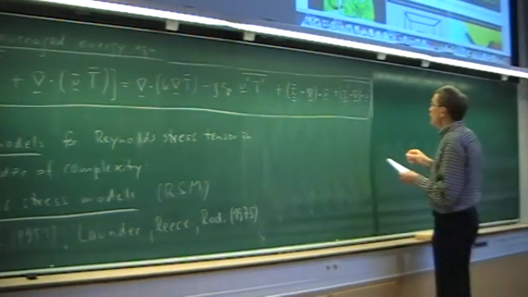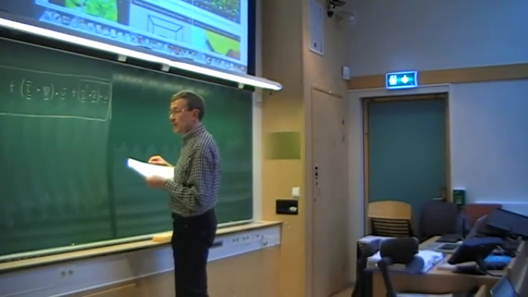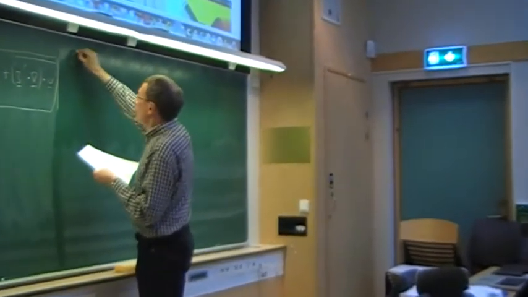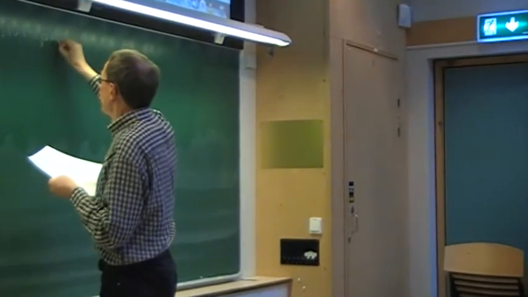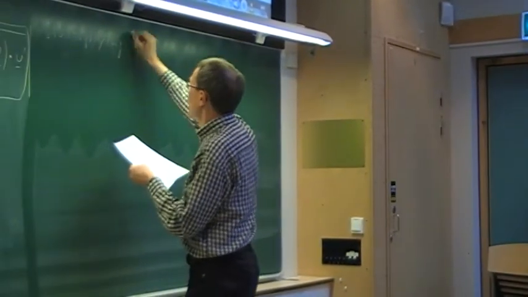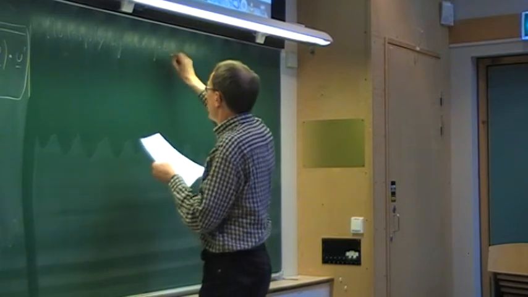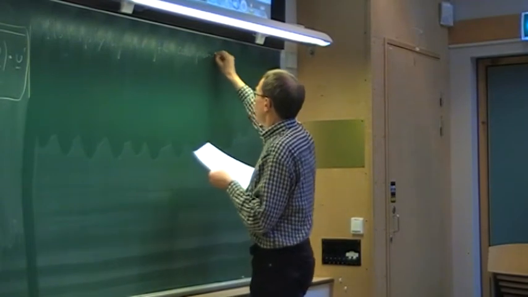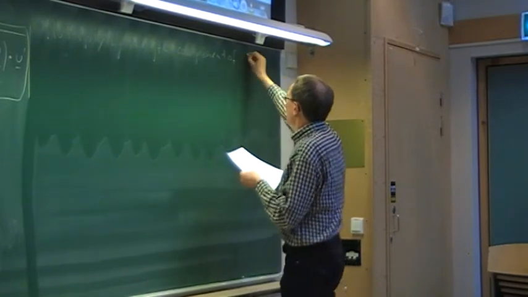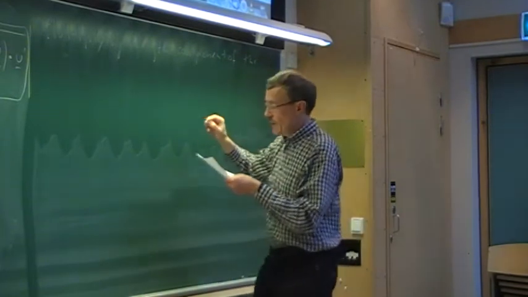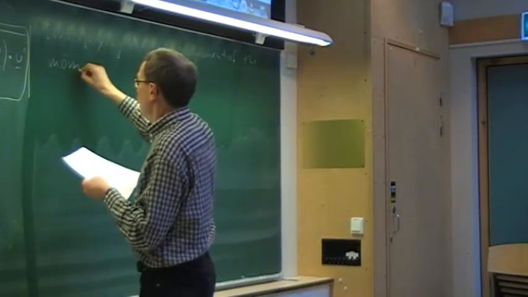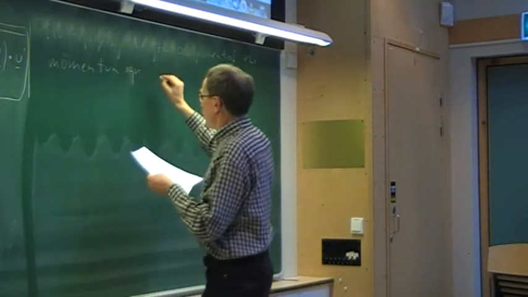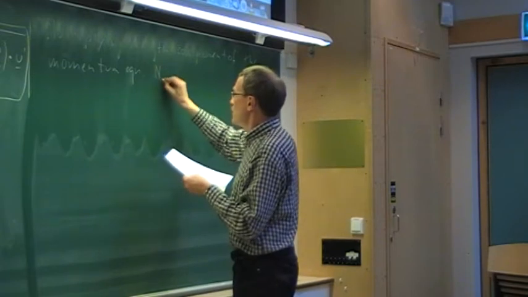So what the idea here is of these models, the Reynolds stress models, is the following. We multiply, so multiplying the jth component of the momentum equation, and we write that in this form, n_j equal to 0.